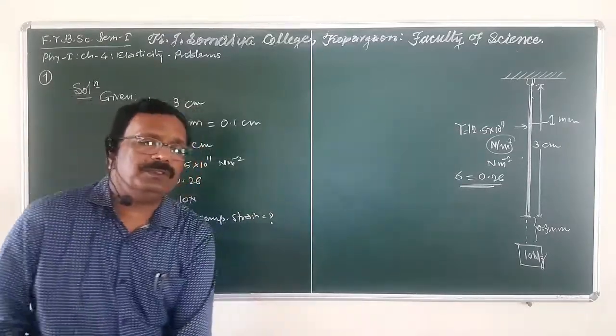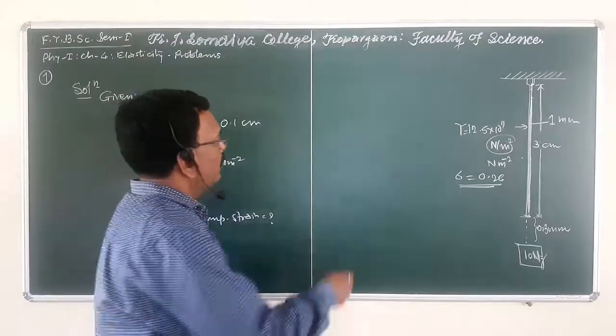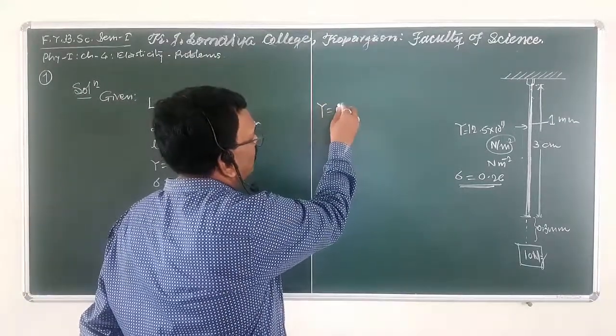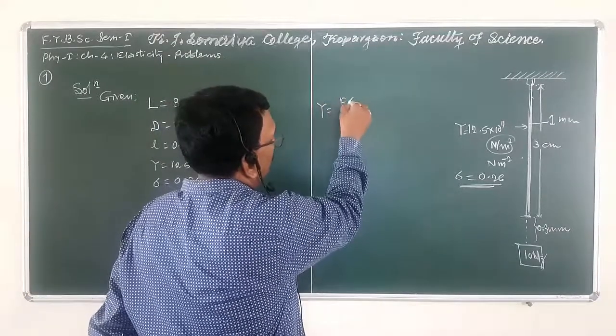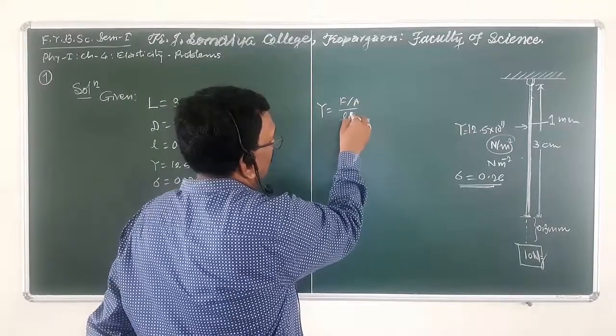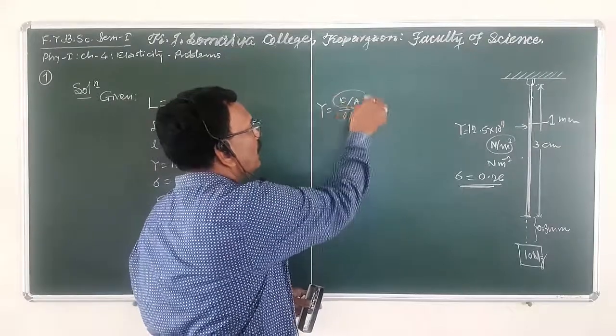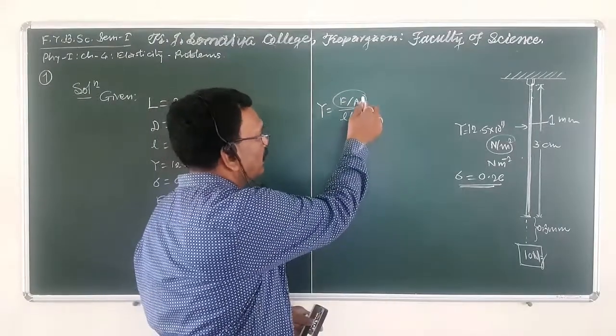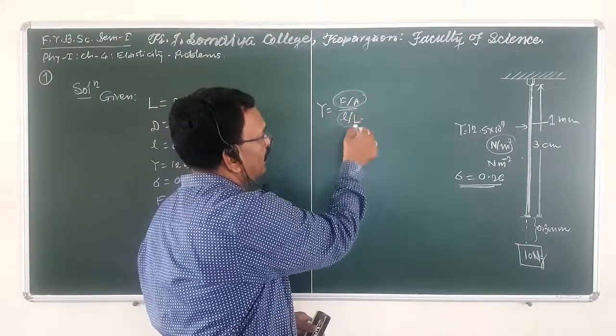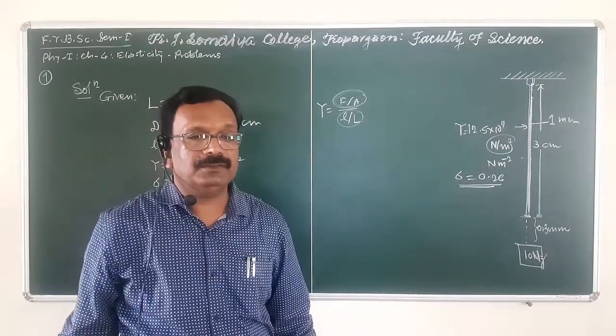This is the finding. So the problem is very simple. Firstly, Young's modulus of the wire is nothing but F upon A upon small l upon capital L. Here, this is nothing but longitudinal stress, and this is longitudinal strain.